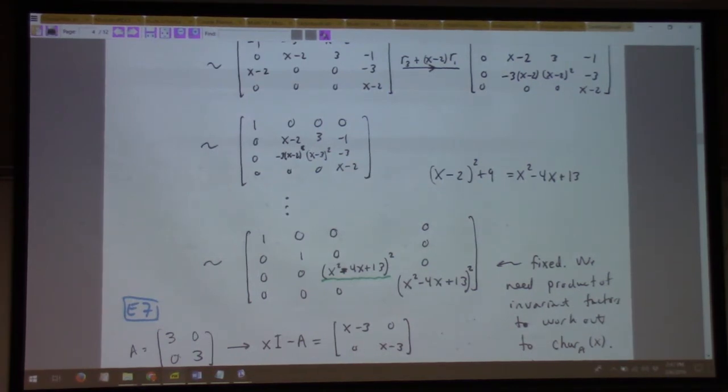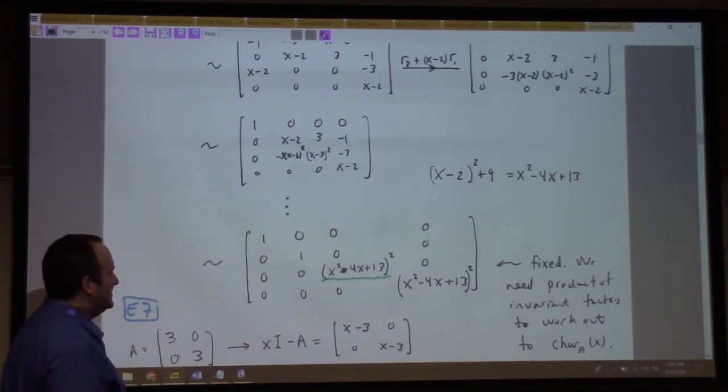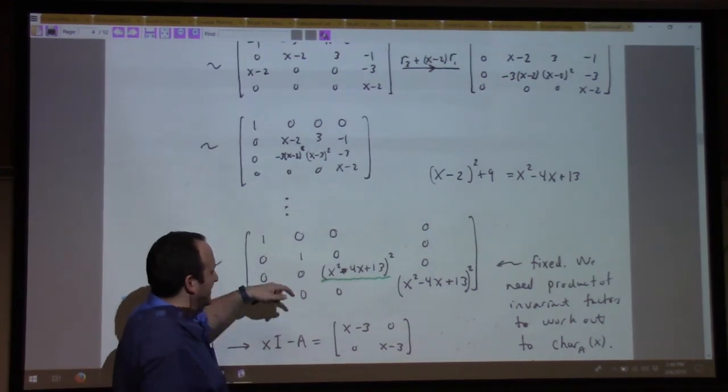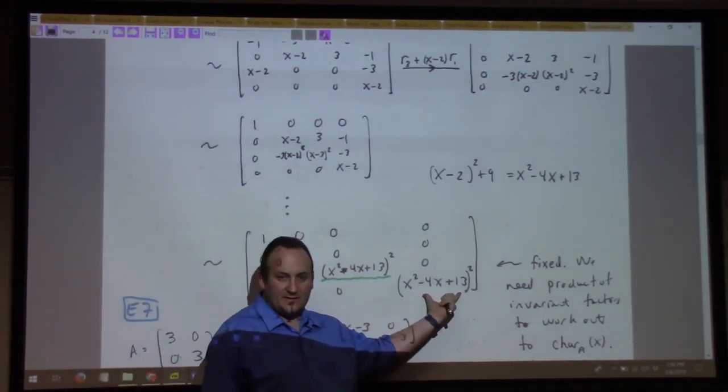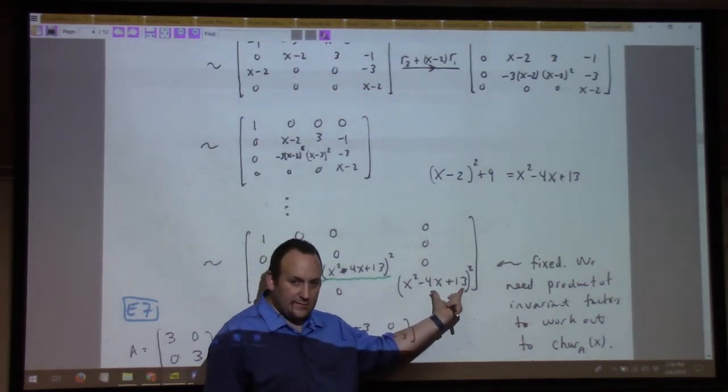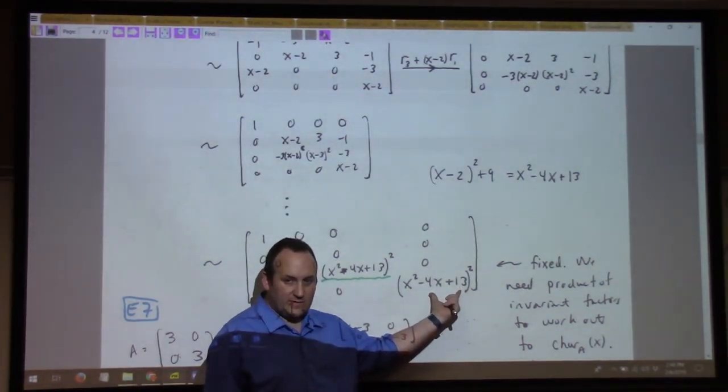This is not right. Why is this not right? Junk. This dot, dot, dot is wrong. This is a quartic. Game over. End of story. This is a 4 by 4 matrix.